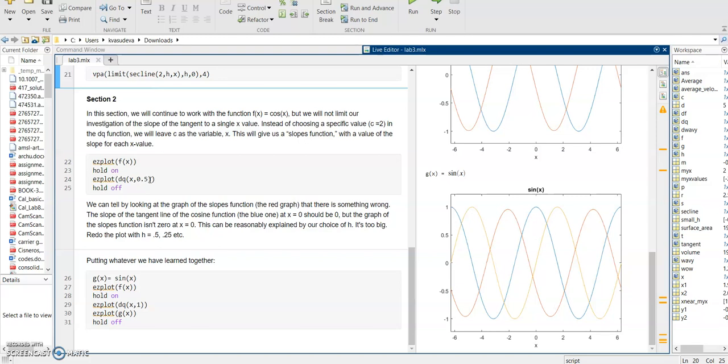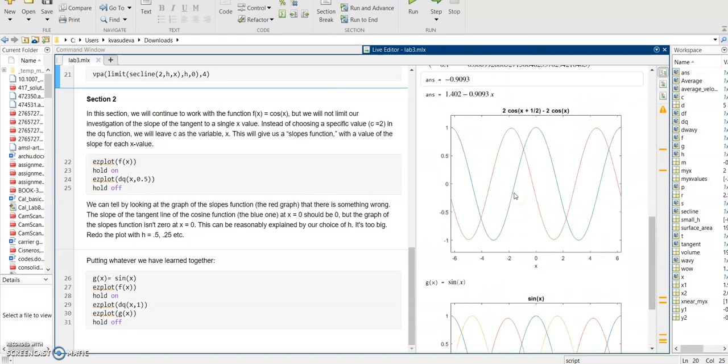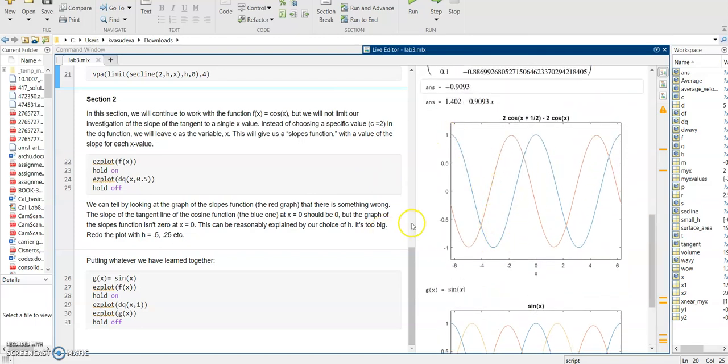Now my h is 0.5. I'm plotting the function f of x, which is cosine of x. I'm holding it on, then I'm plotting the slope. When I plot it, I have this graph. Now try to figure out which one is the cosine graph and which one is the slope graph. Just look at the graph and you can easily guess it.